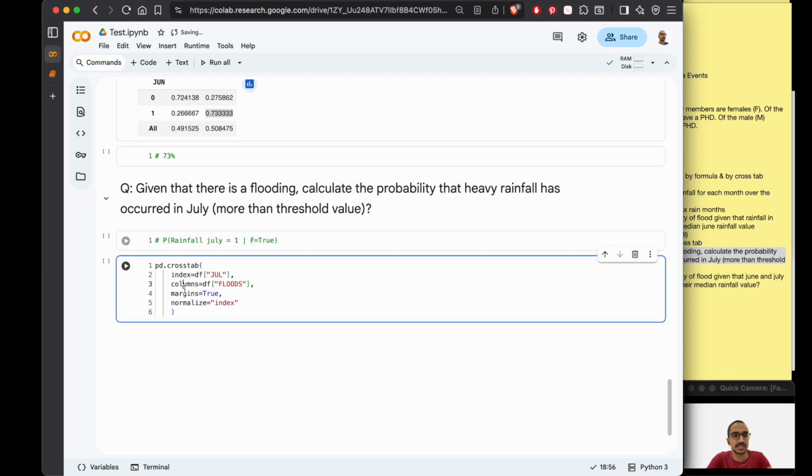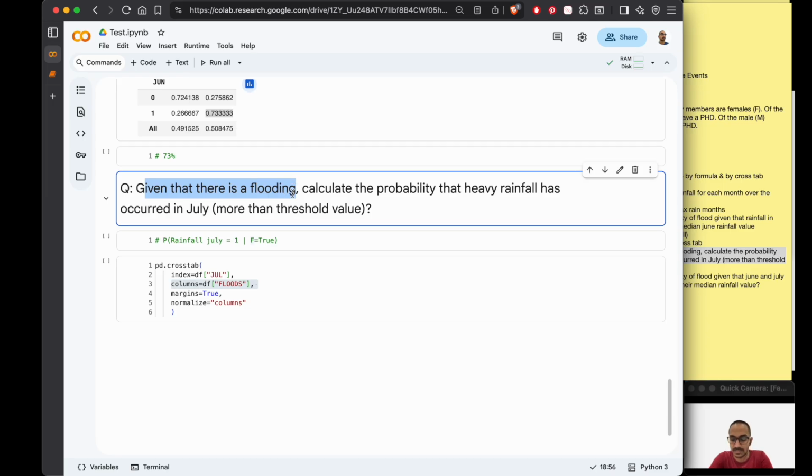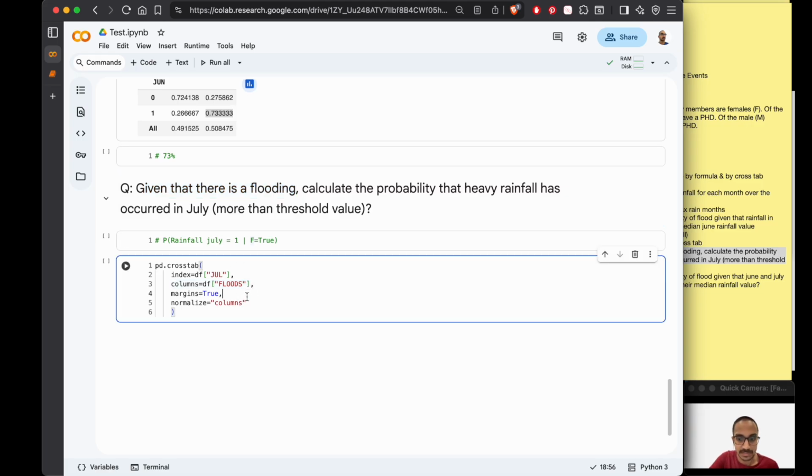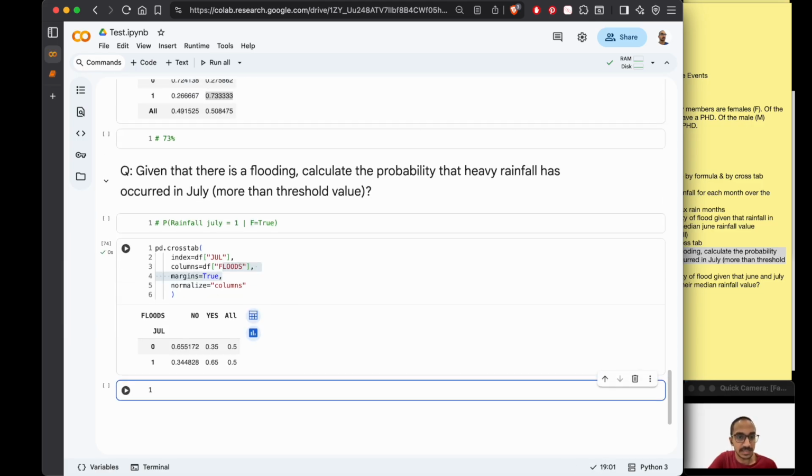So we'll have to change the index to columns, change the normalization to columns, since the evidence is floods, right? So given that there is flooding, so the evidence is that we already know there is floods. They are saying calculate the probability that heavy rainfalls occur. So we'll directly get the probability.